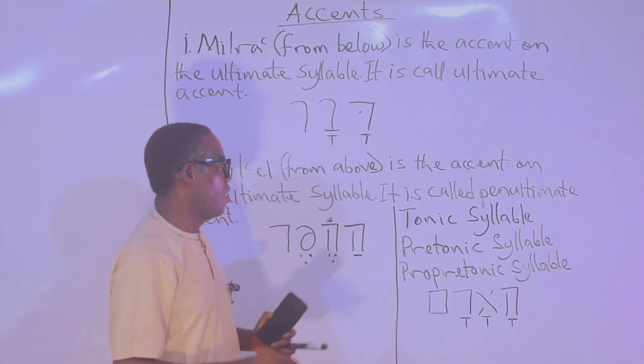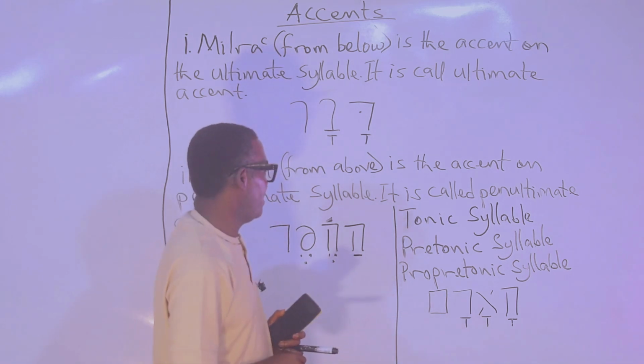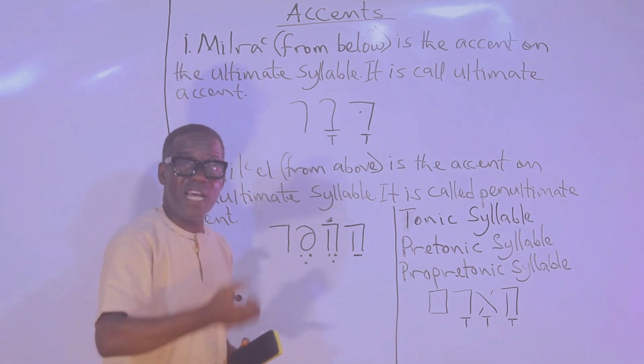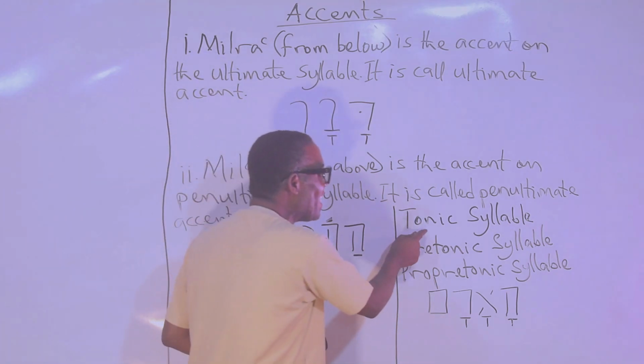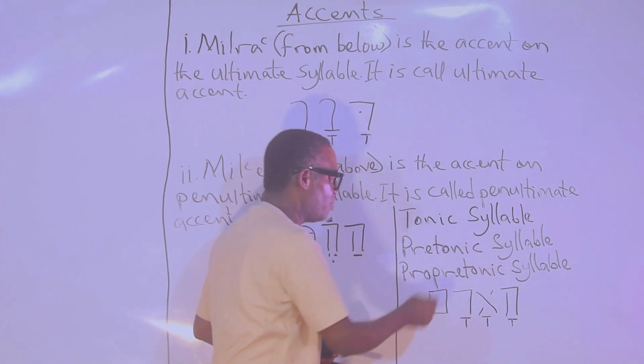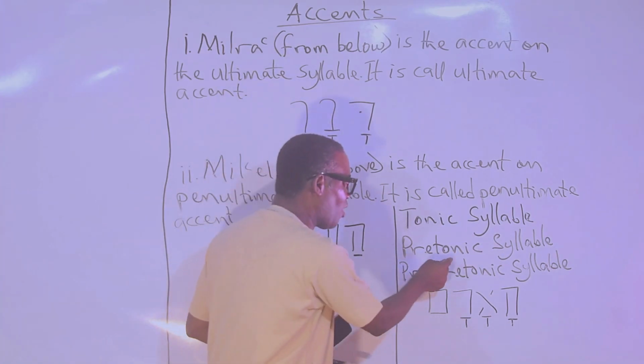You have to take note of this. Now, the tone syllable, the syllable that has the accent or that is stressed, is called the tonic syllable. Then the syllable before it is called the pretonic syllable.